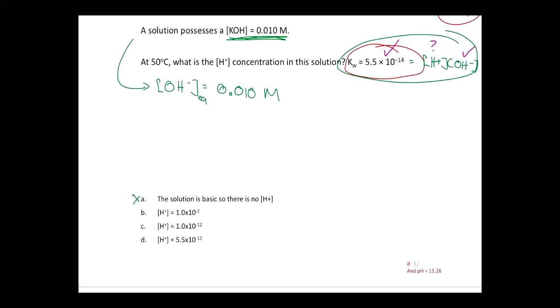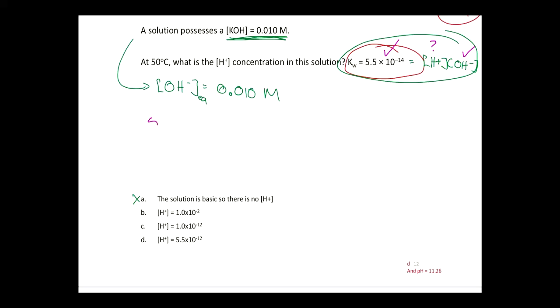So we're just going to calculate what amount of H plus has to be present also in this solution for Kw to be correct. All right, so we can't say A. There is a little bit of H plus. That's why even basic solutions have a pH. They have a pH, but it's a large number because that pH is like 12 or something because the H plus concentration is so small.